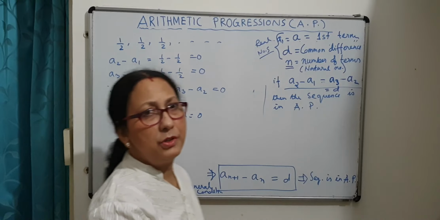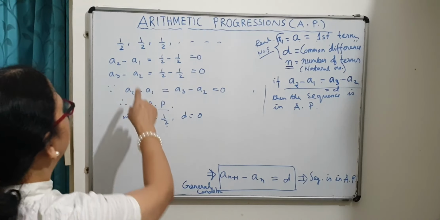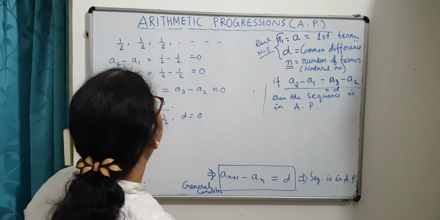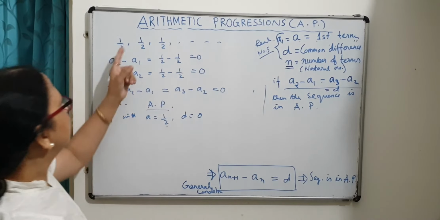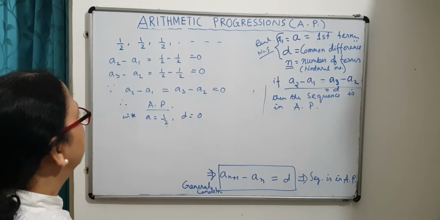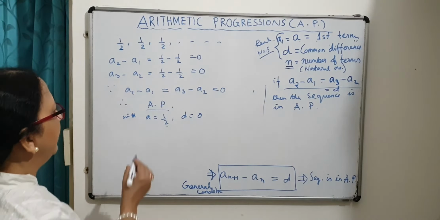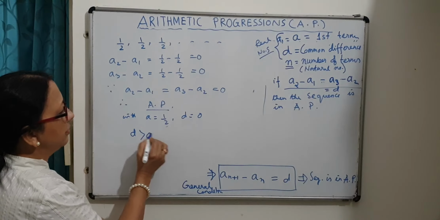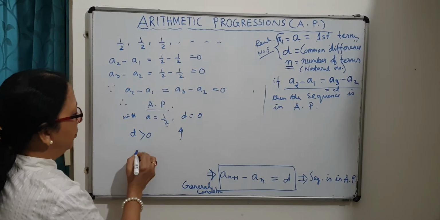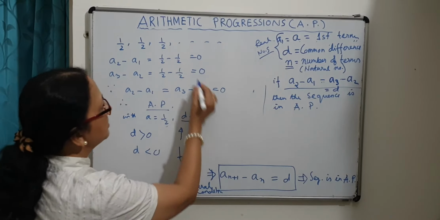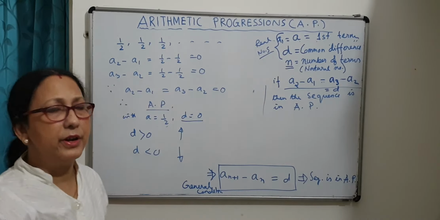So D can be 0 also, and when D is 0, the terms of the sequence are the same, a constant. All the terms remain the same, neither increasing nor decreasing. Remember, when D is greater than 0, the terms increase, when D is less than 0, the terms decrease, and when D is equal to 0, the terms remain the same. This is the basic trend.